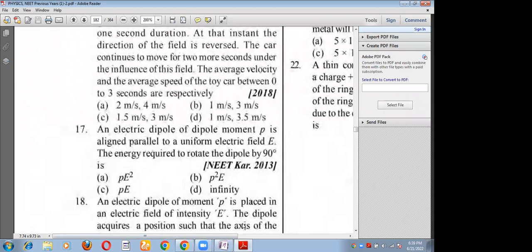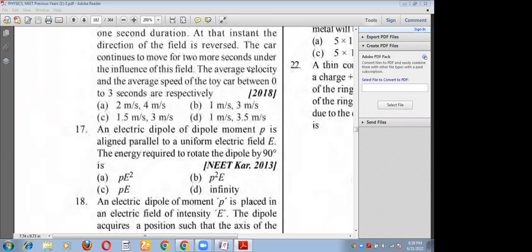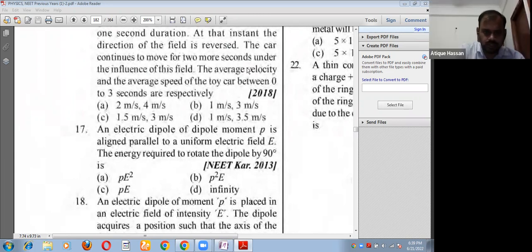Yes, sir. So any clue how to solve this question? Do you know what is the dipole? I think you understand what is the dipole, right? Yes, sir. So what do you understand from this question?